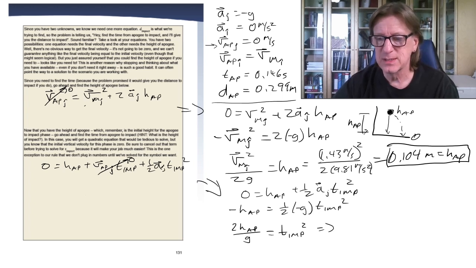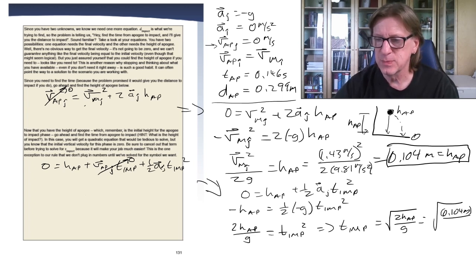And so that tells me that t impact must equal the square root of 2h-ap over g, which is the square root of 0.104 meters times 2, didn't quite have room for my 2 there, but you can see it, 9.81 meters per second squared.